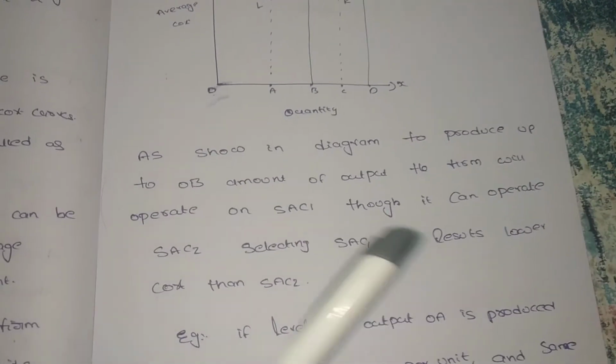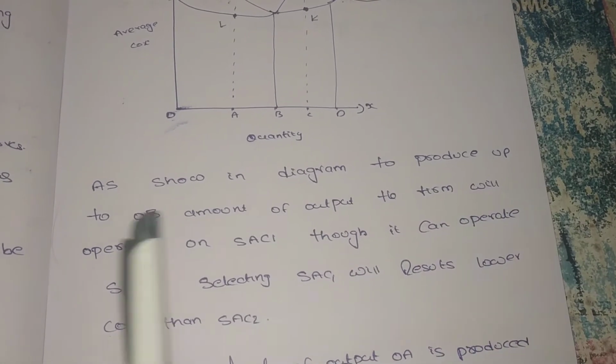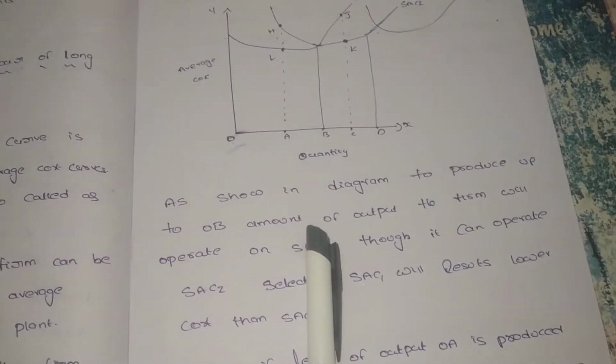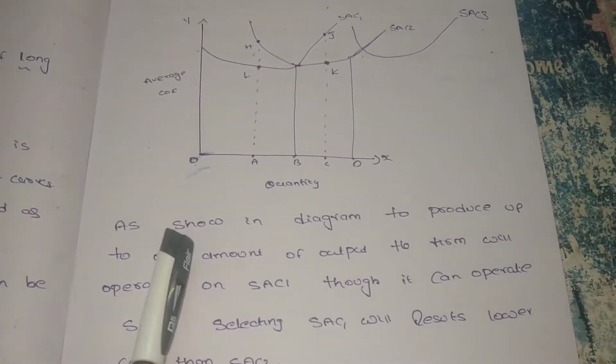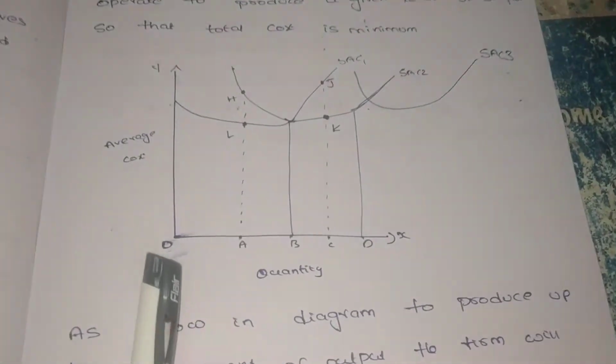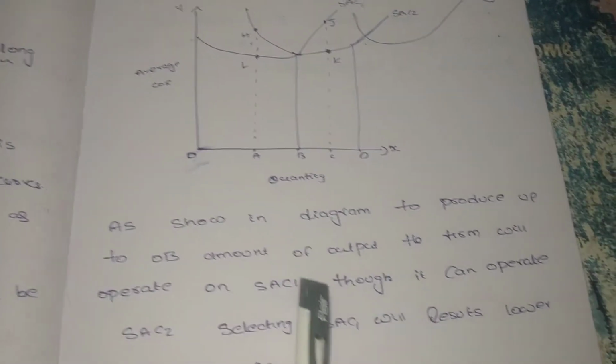As shown in the diagram, to produce up to OB amount, where is OB here? O, it is B. So we have to produce this quantity of output.